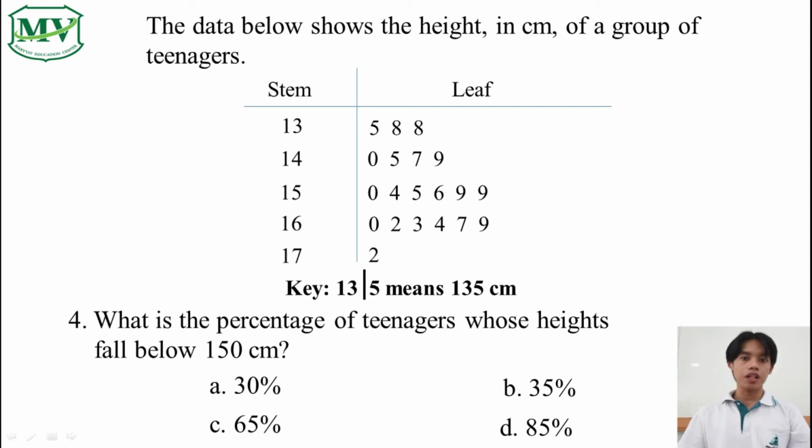We already know that there are 20 teenagers in the group. But how many have heights of less than 150 centimeters? Right, there are 7. But what percentage is 7?